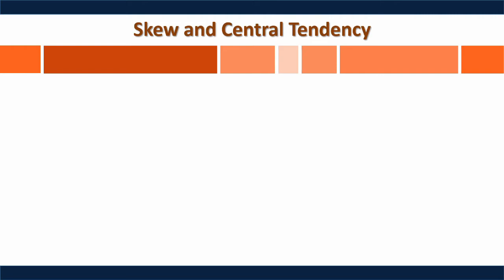Recall what I said about distributions and measures of central tendency I mentioned a little earlier. I told you that in the normal distribution, the mean, median, and mode are located in exactly the same place, right down the middle of the distribution, because the distribution is symmetrical. This is not the case when the distribution is positively or negatively skewed.